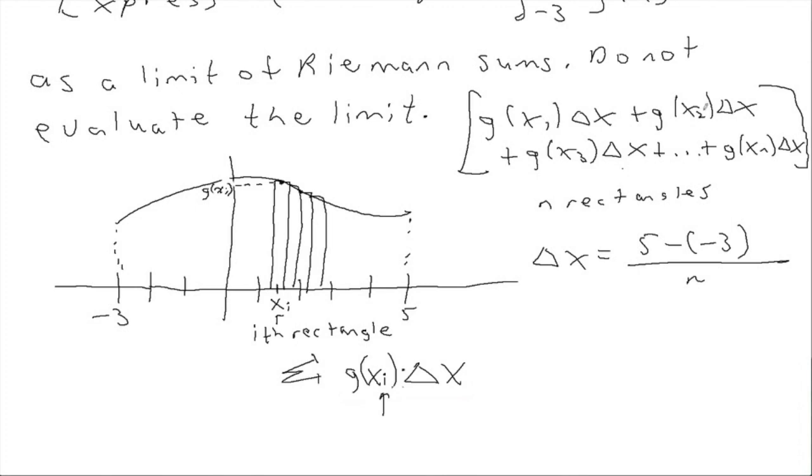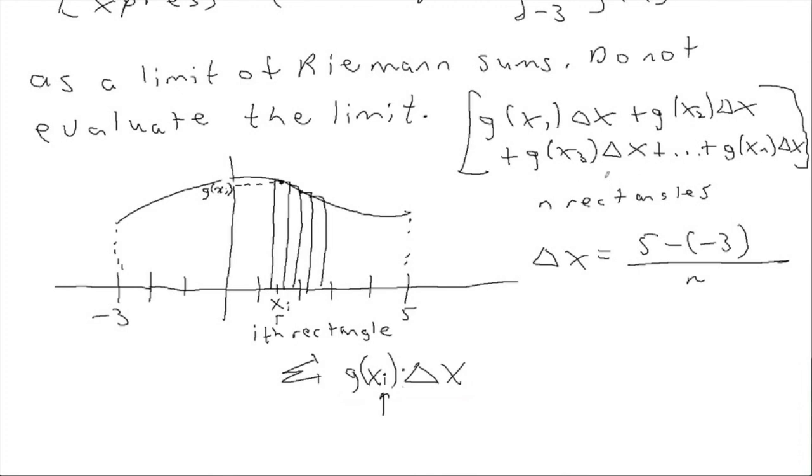Here i is 1, here i is 2, here i is 3. What would i be for the first rectangle? 1. For the second rectangle? 2. For the seventh rectangle? 7. For the last rectangle? The last value. And what's our symbol for that? n.